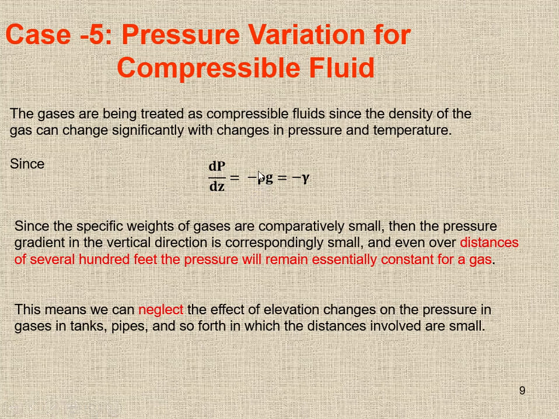But if the density is varying, we have to apply integration, because we will treat the density as a variable. Since the specific weight of gases is comparatively small, the pressure gradient in the vertical direction is correspondingly small, and even over distances of several hundred feet the pressure will remain essentially constant for a gas.